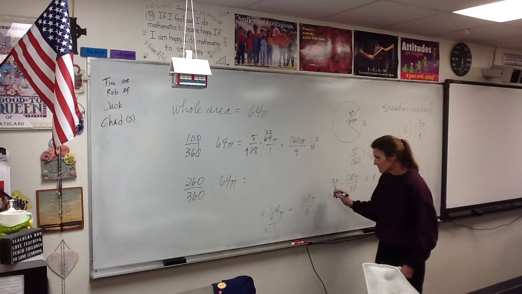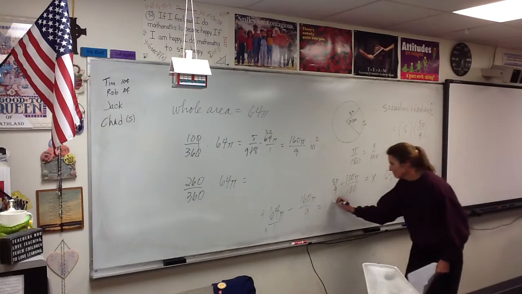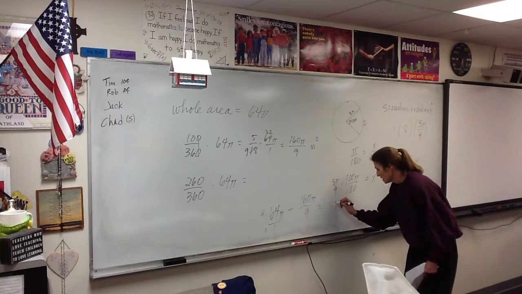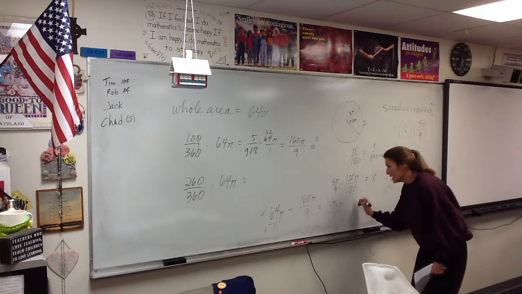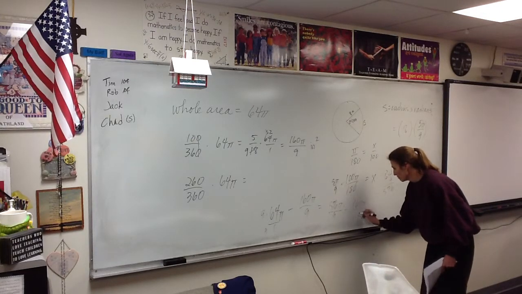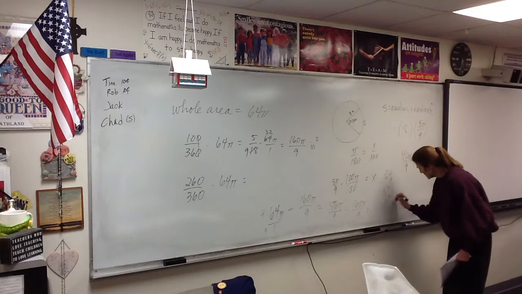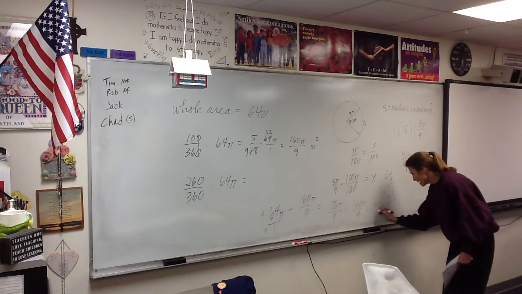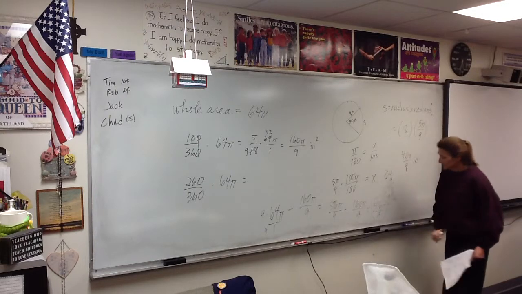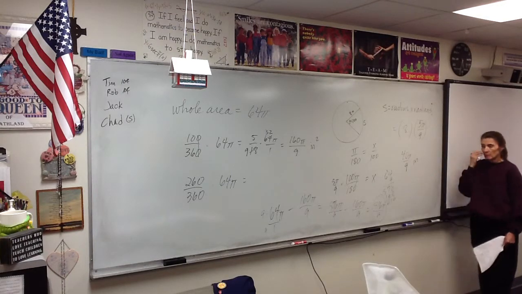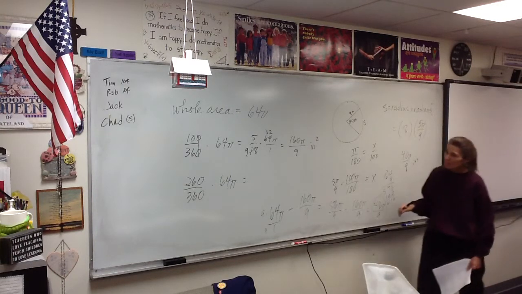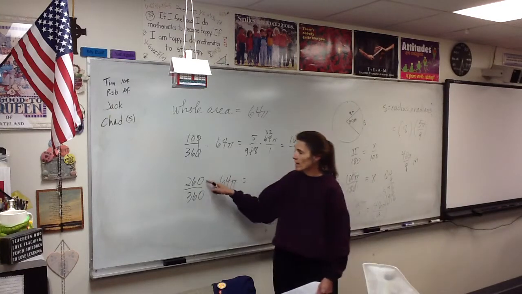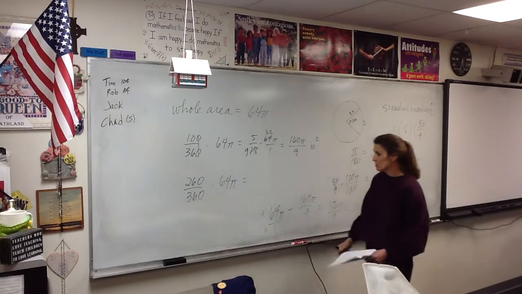So that's 576 pi over 9, minus 160 pi over 9. That would be 416 pi over 9. That should be the same thing you get if you do it this way after you get all of the reducing done.